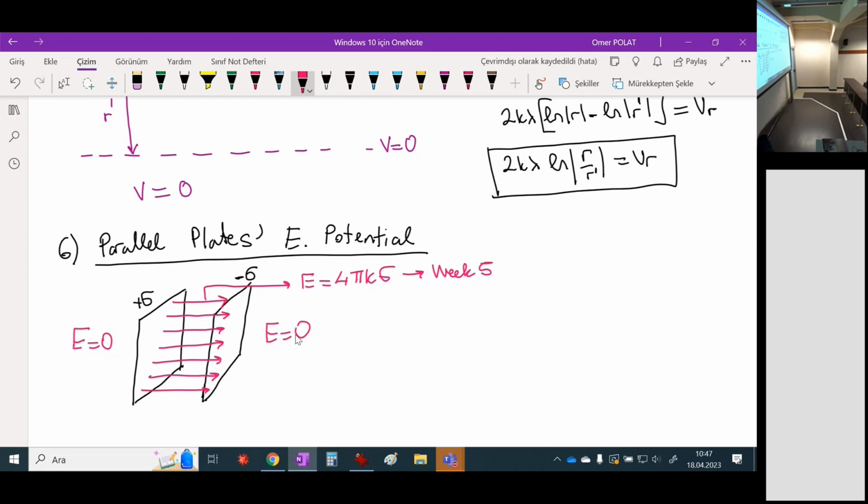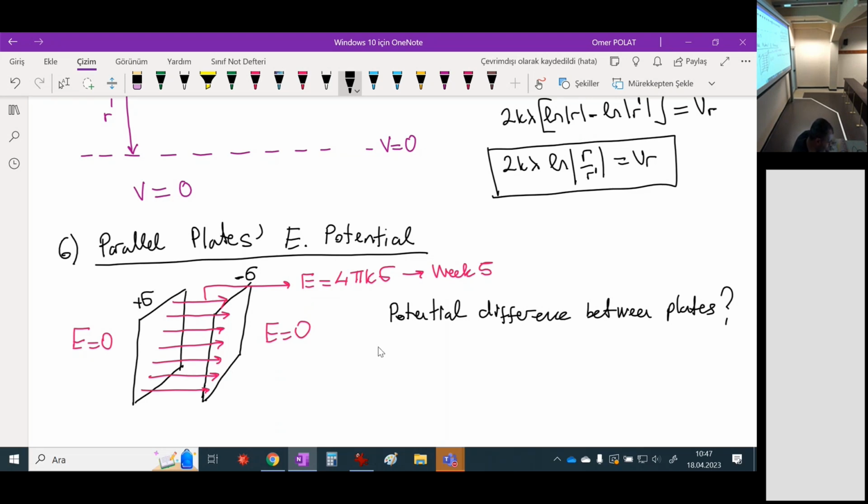Now, what is the potential difference between the plates? This is the question. What is the potential difference? So I'm writing the potential of the positive plate according to the negative, also the negative plate according to the positive.